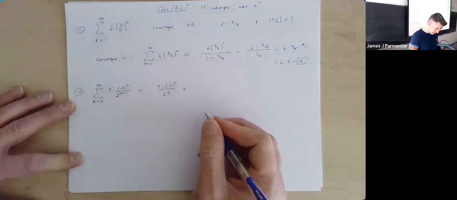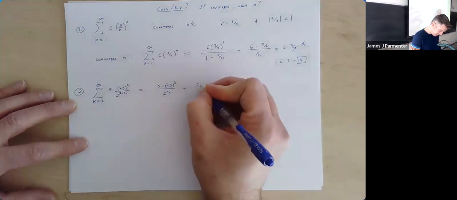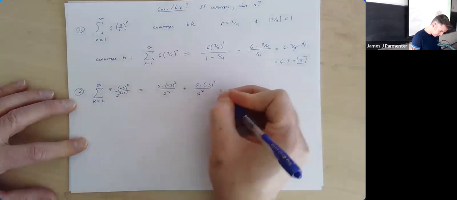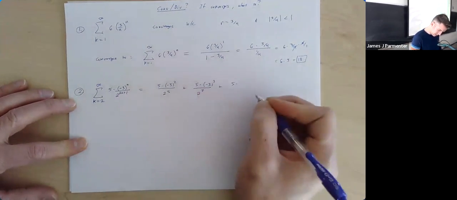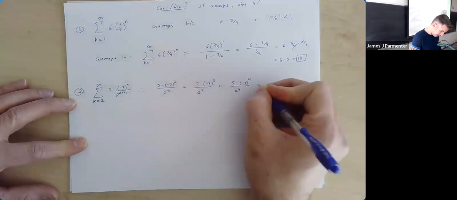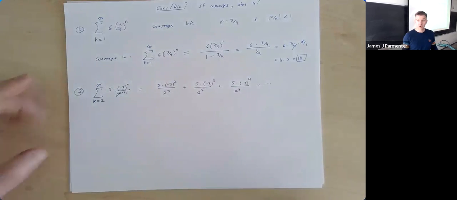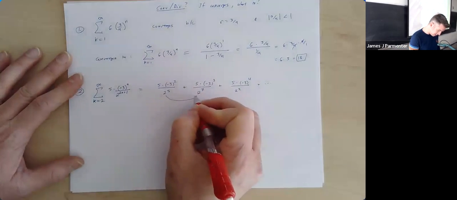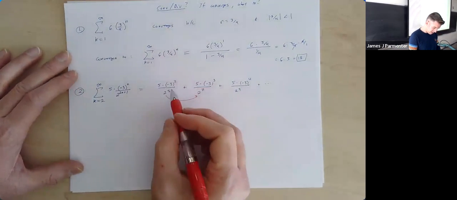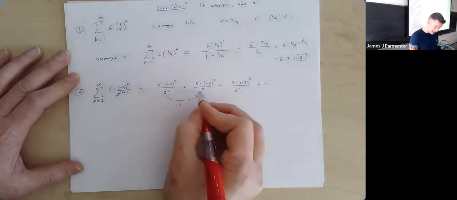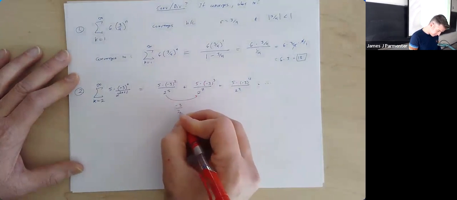And then my next term, if I plug in 3, is 5 times negative 3 to the 3rd over 2 to the 7th. My next term is going to be 5 times negative 3 to the 4th over 2 to the 9th. And it goes on and on and on. You could use this to identify your ratio, because I can see that to get from this term to this term, I multiply by a negative 3 on top and a 2 to the 2nd on the bottom.